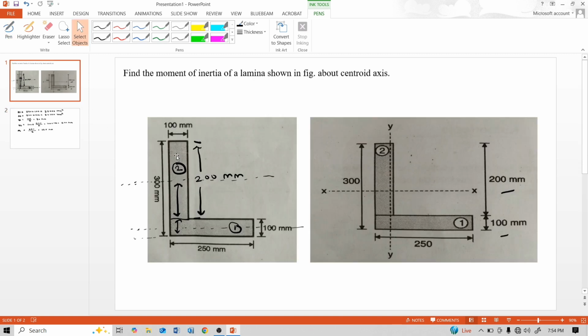And for this second rectangle, the horizontal distance is 100 by 2, 50 mm.